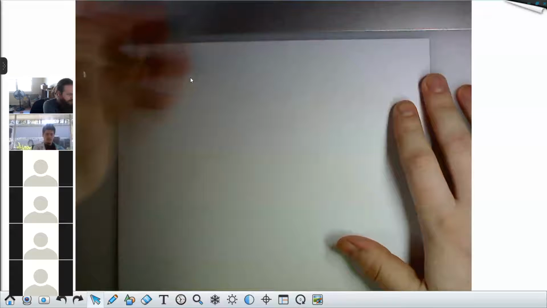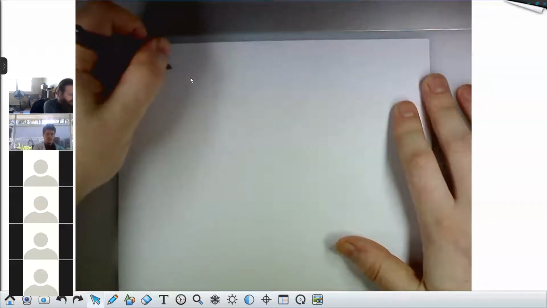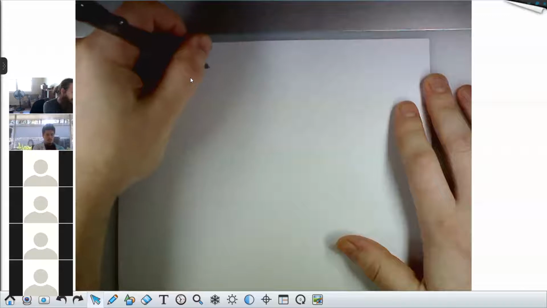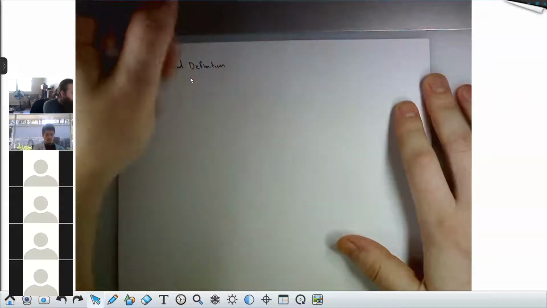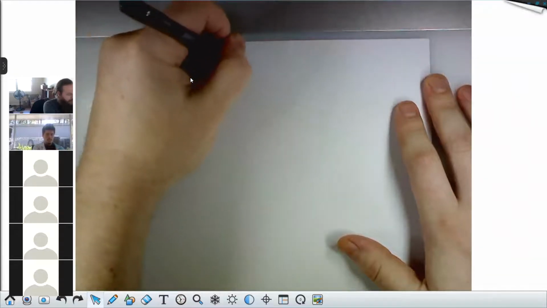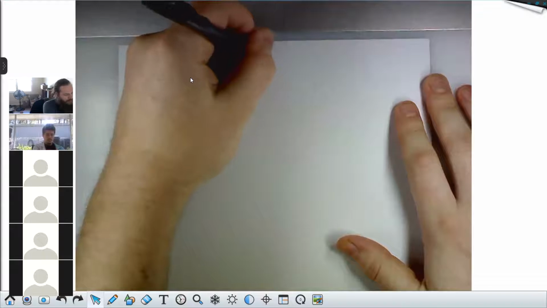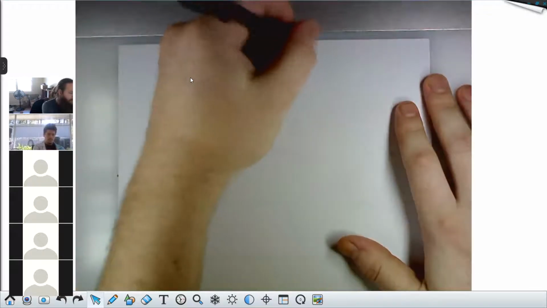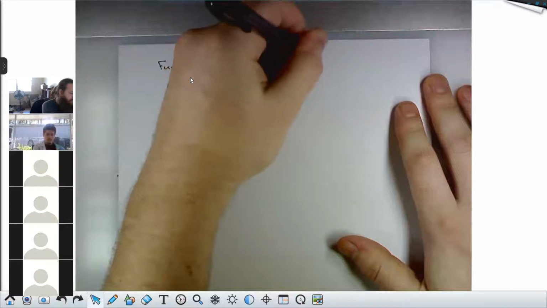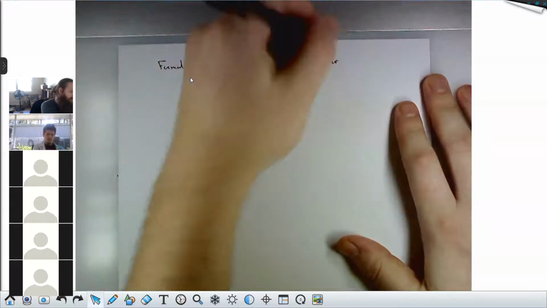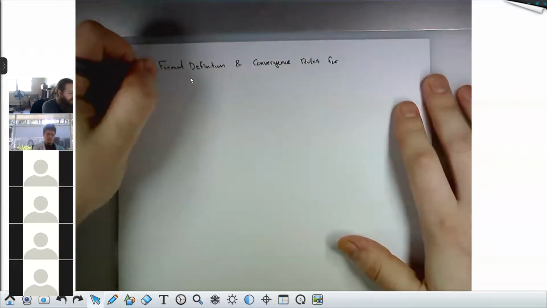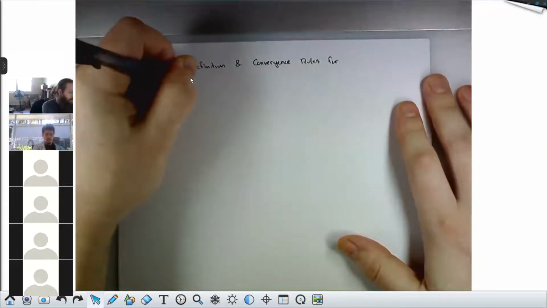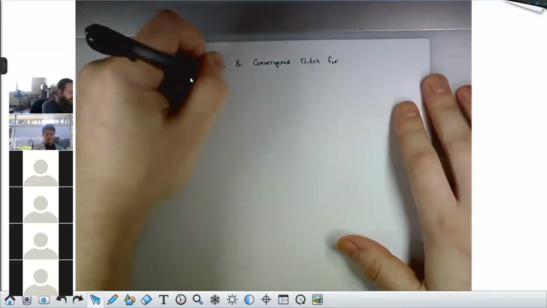So here's the formal definition and convergence criterion. Convergence rules for type 1 improper integrals.